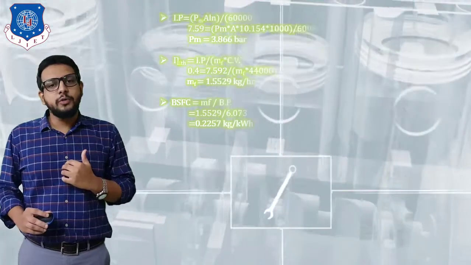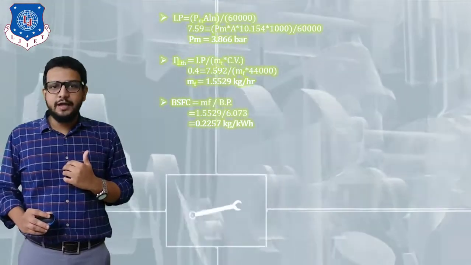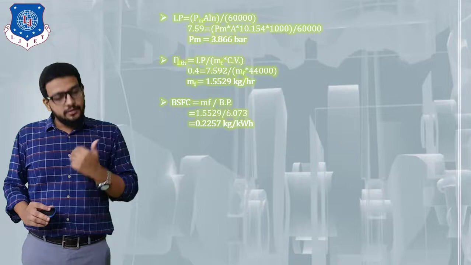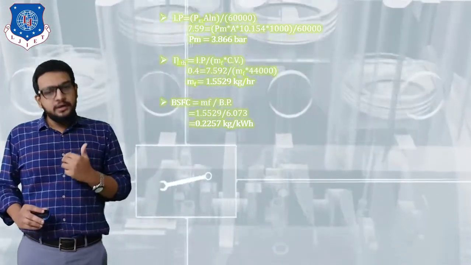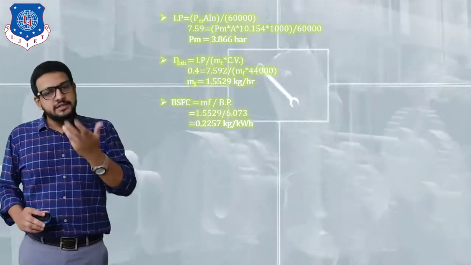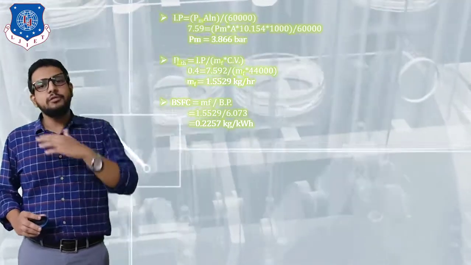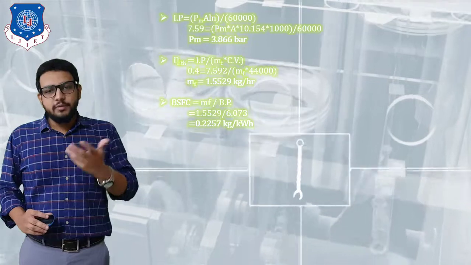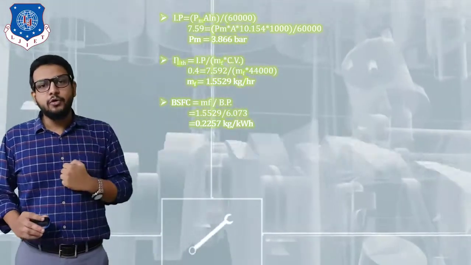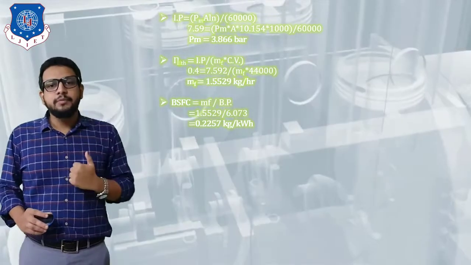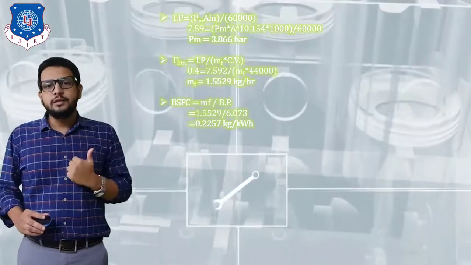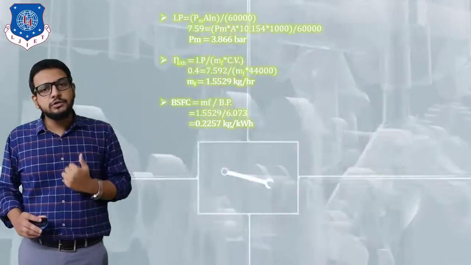Here you can see that I have written the formula of IP is equal to Pm, that is mean effective pressure, into A, that is area, into L, that is stroke length, into small n, that is the number of power strokes, upon 60,000. In this formula we know IP, we know area, we know stroke length, we know small n. So what is unknown?